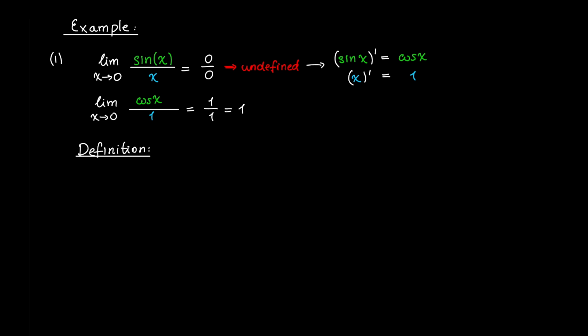It states that if we are evaluating the limit as x approaches a certain value a of a rational function in the form of one function divided by another function, in our case f of x over g of x, and when we try to evaluate the limit directly, meaning by plugging in a, so f of a divided by g of a, and the answer we get is either 0 over 0 or plus minus infinity divided by plus minus infinity, then we can evaluate the derivatives of the upper and lower functions separately.